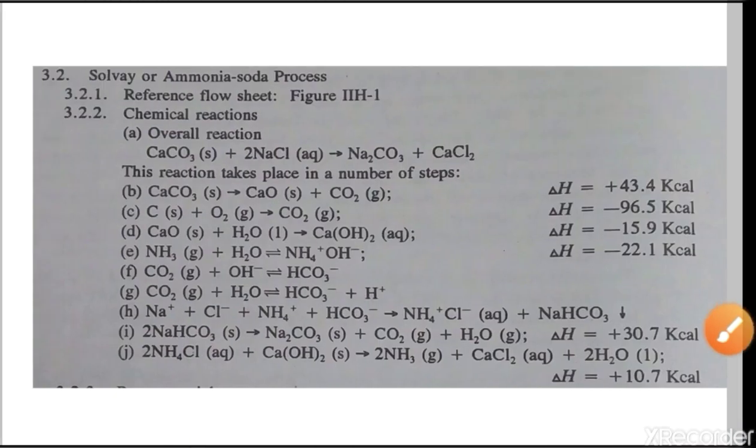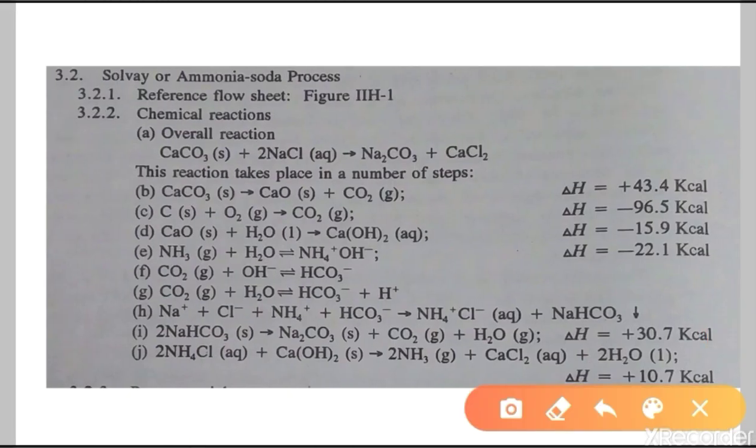Let us again understand with the help of the chemical reaction chart. B and C: calcium carbonate decomposes to give calcium oxide and carbon dioxide gas, and the coke reacts with the oxygen present in the air, and it gives carbon dioxide. So basically we require carbon dioxide for the carbonating tower, and that is why the carbon dioxide is fed from the lime kiln.